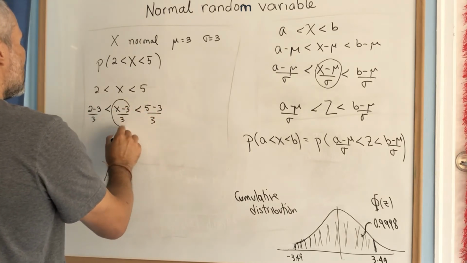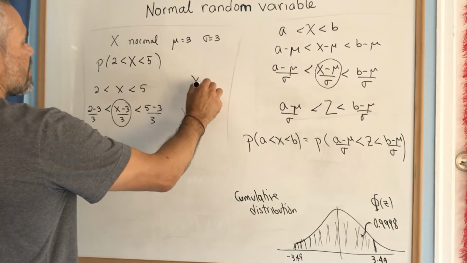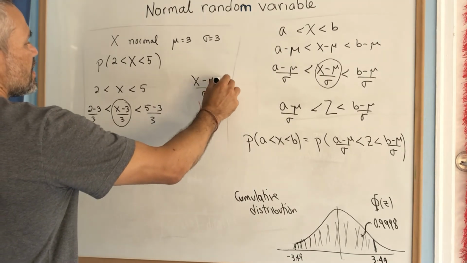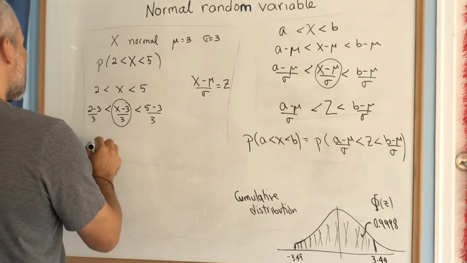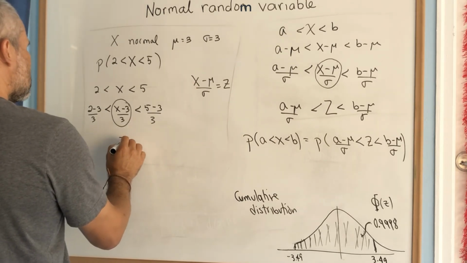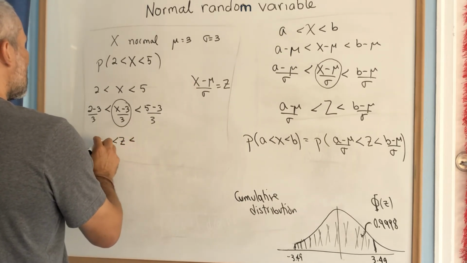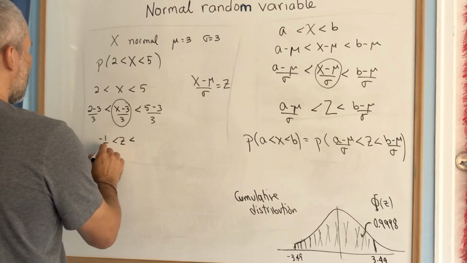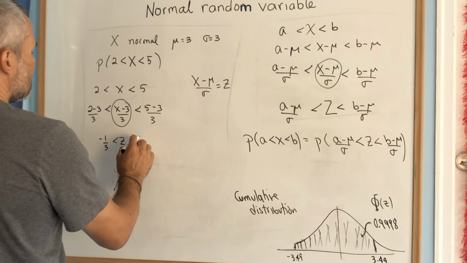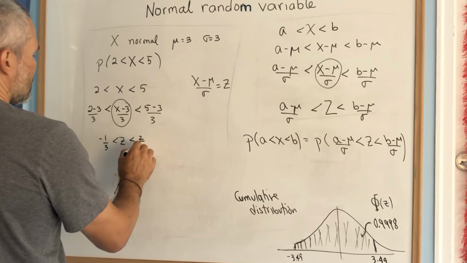Remember, x minus mu over sigma is the standard normal random variable, and that means that we want the standard normal random variable to be between negative 1/3 and 2/3.